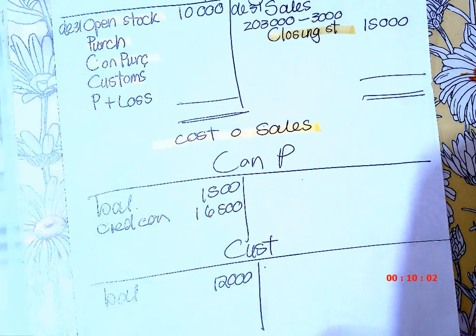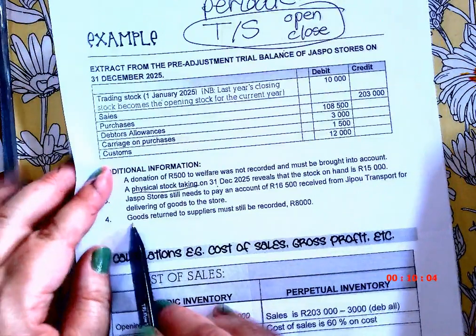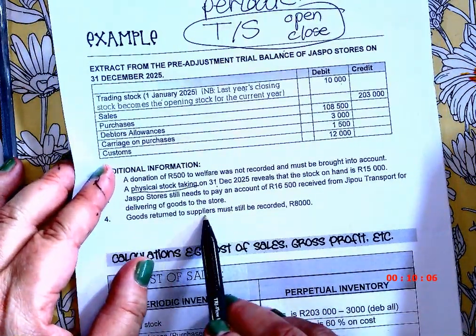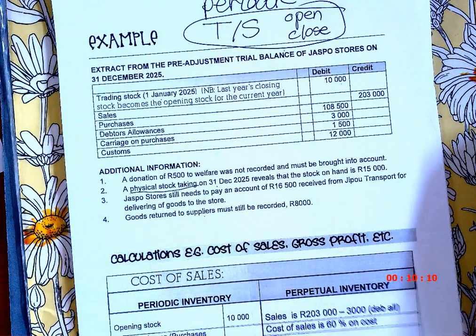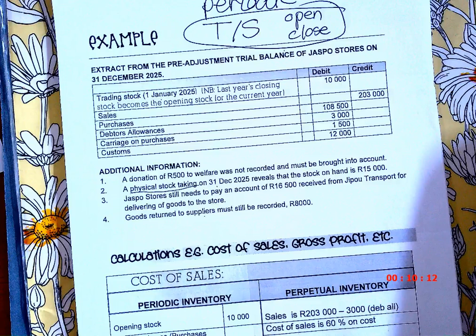Next one, they say goods returned to supplier. Now remember, it's a two-way street. Now I'm asking you, Emmanuel, if goods are returned to me, is it going to make sales or purchases less? If a client returns goods to me, Elizabeth, is it going to make my sales less or my purchases less?